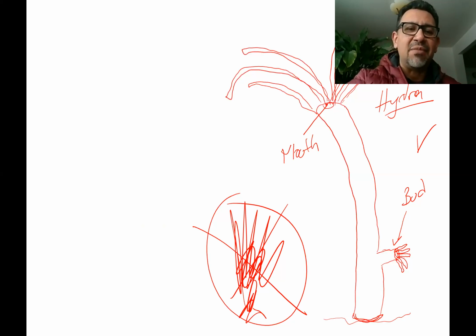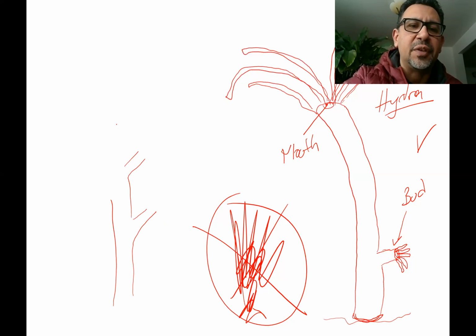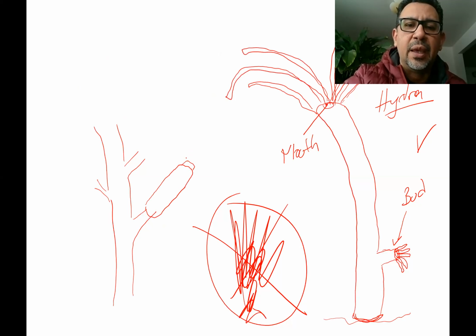And you can do the same thing with something like Obelia. It's a colony, and the little polyps are living kind of like on a tree. And so I'm going to make some of the branches of the tree. I'm not looking at one, I'm just drawing one from memory. And so I'm going to include here maybe one of those polyps that specialize in reproduction.